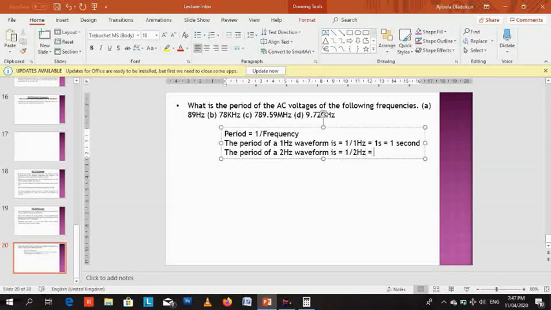The unit is seconds. You can either write the symbol S, or write the unit in full, seconds. So you can write 0.5 s or 0.5 seconds. Either is acceptable.